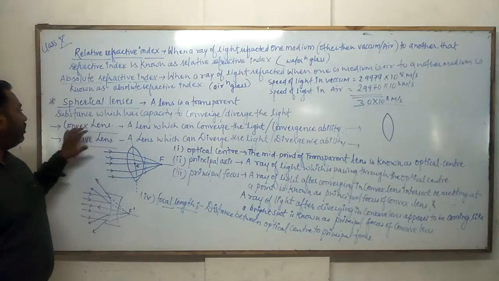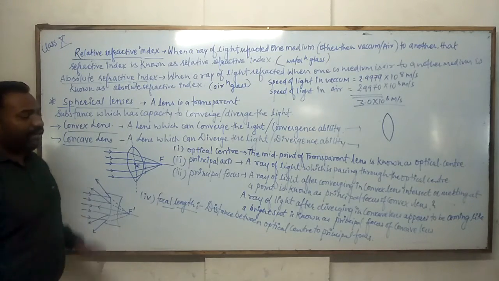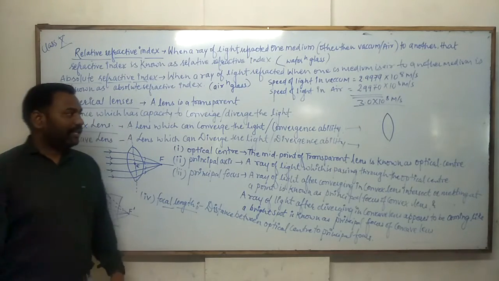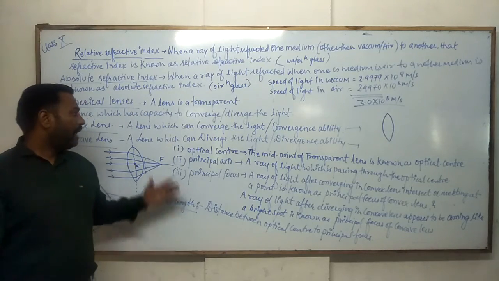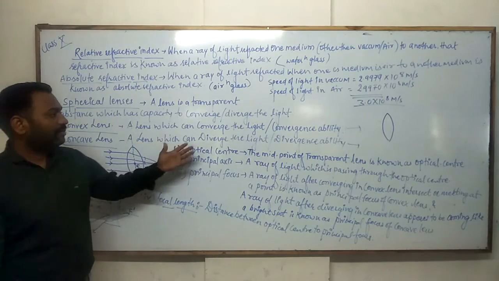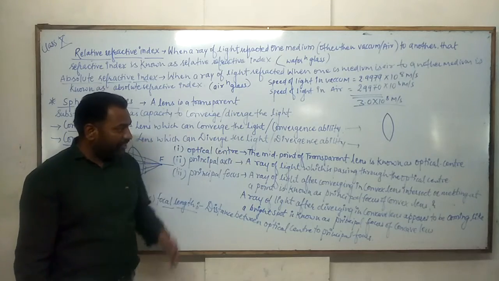So you already know about that. What is convex lens and concave lens? Convex lens converges the light, it means having the convergence ability, and the concave lens diverges the light, it means having the divergence ability.